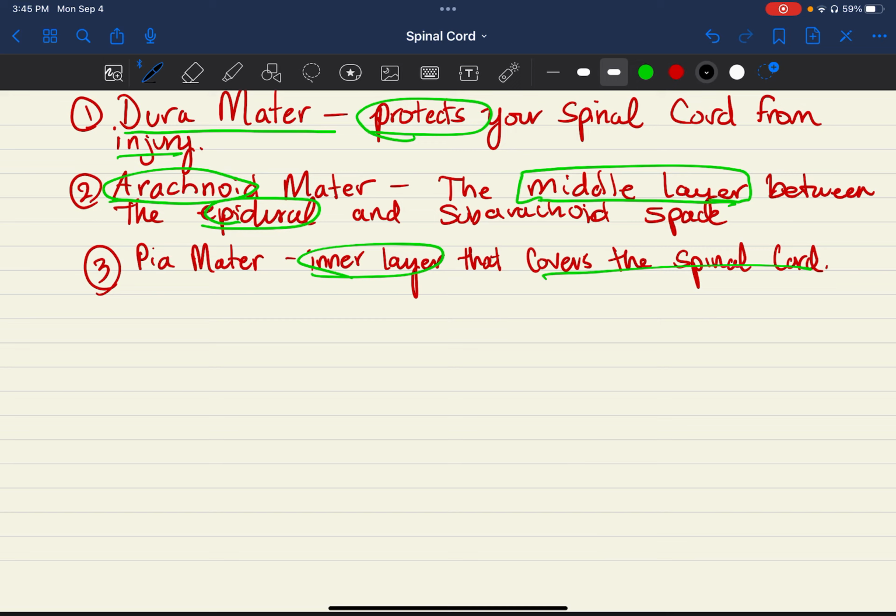Okay, so in the cervical region, we have 7 vertebrae, okay, and then we have 8 nerves, okay, and then so we talked about the thoracic part.